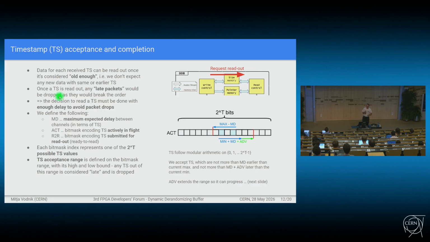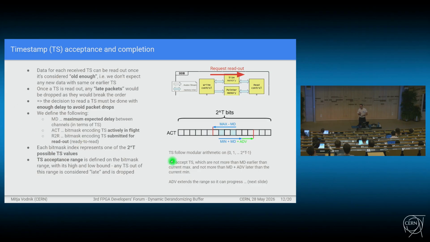So we define a maximum expected delay, actually a maximum expected skew, between different input channels, so that once we receive a later packet, we can consider that the packets that are a few timestamps behind are complete, nothing else will arrive from them, and we can start reading them.